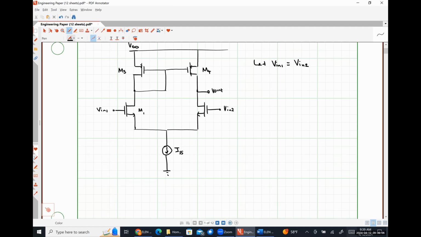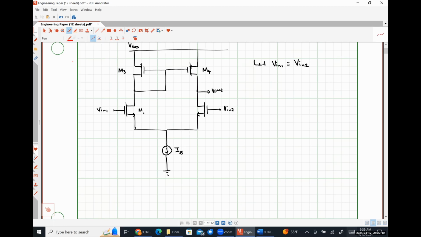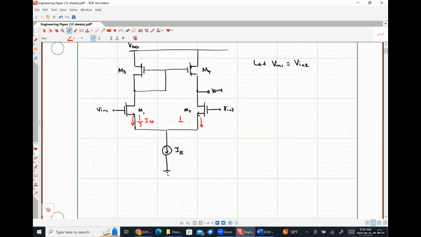So I think, hopefully you guys will agree with me here, that transistor M1 would pull half of ISS, and transistor M2, which I forgot to label, my apologies, would also pull half of ISS, right?